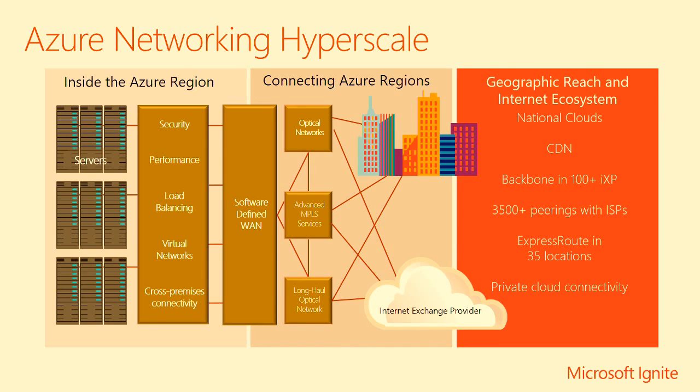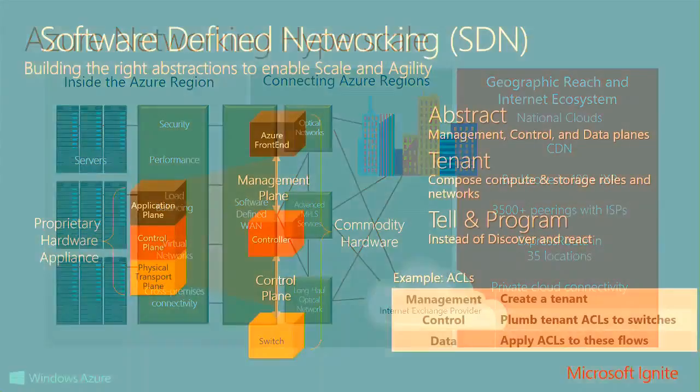So we have connectivity from all those ISPs, and we also have ExpressRoute connectivity through partners, and that provides direct connectivity to Azure bypassing the internet. And worldwide we have 35 locations where we peer with our partners.